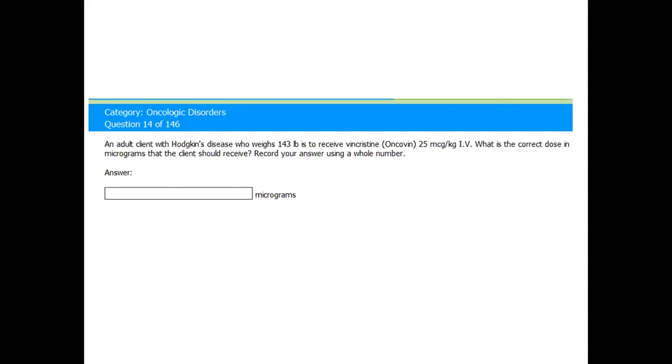So as I told you, Hodgkin disease or Hodgkin lymphoma is a type of lymphoma in which the cancer originates from a specific type of white blood cell called lymphocyte. So the patient who has Hodgkin lymphoma, the most common symptoms may include fever, night sweat, or weight loss.